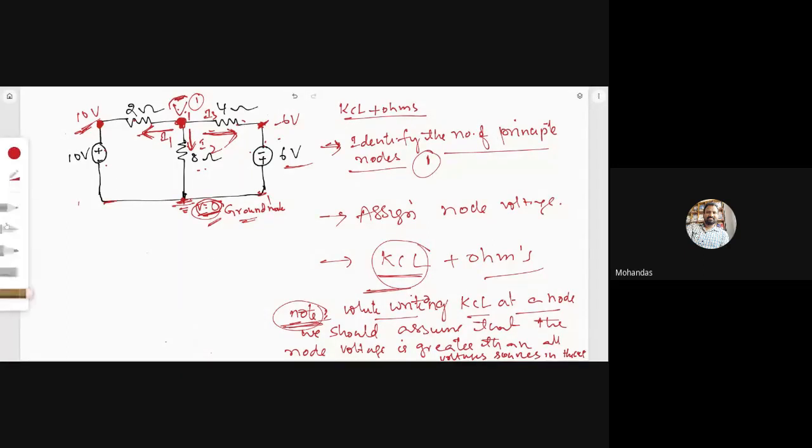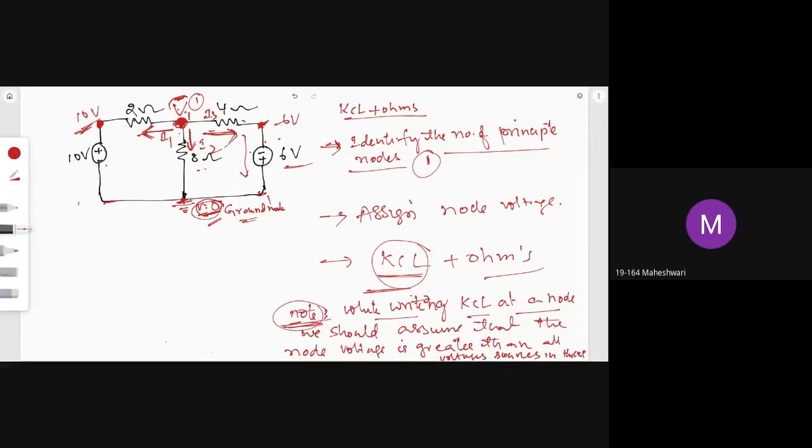Now tell me the KCL at this particular node. Please all of you respond. How many currents are there at this node? Please respond. Three, sir, three currents. Now tell me the KCL at this node. All are leaving currents. What is the KCL?